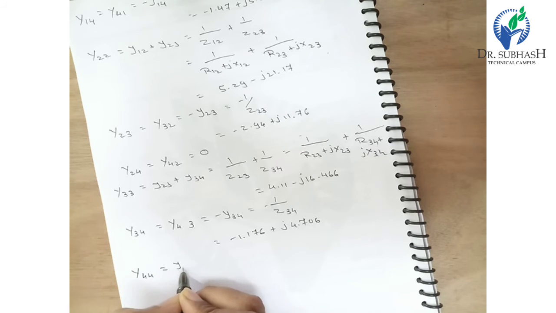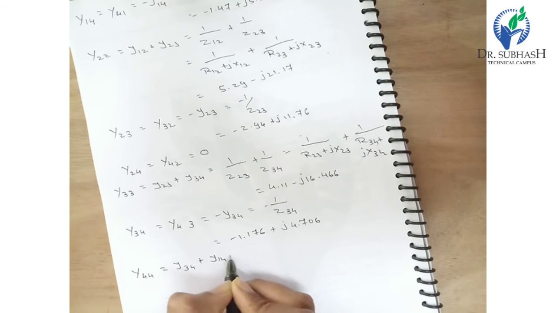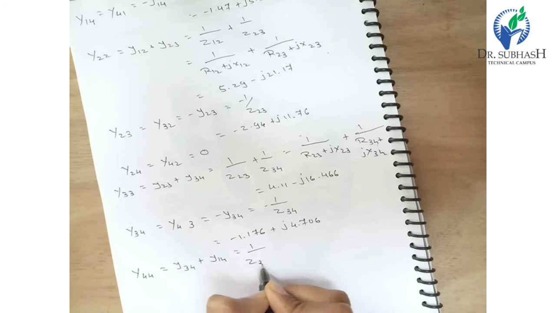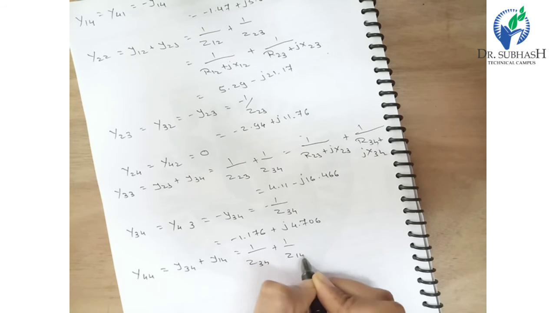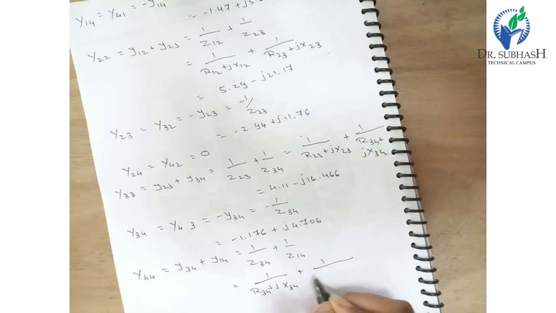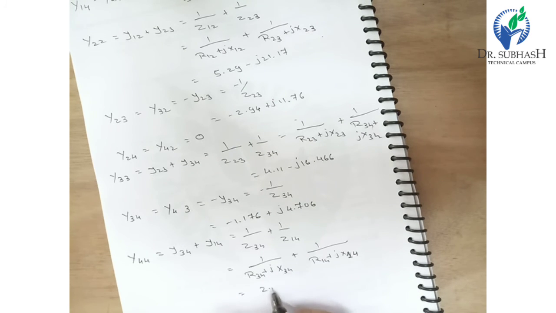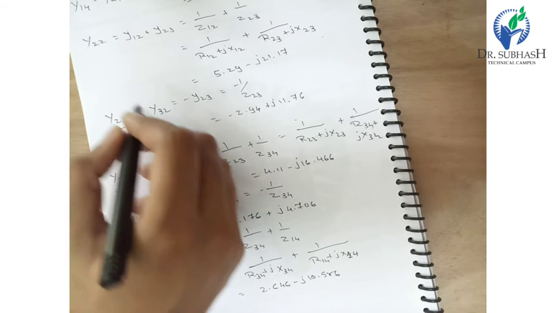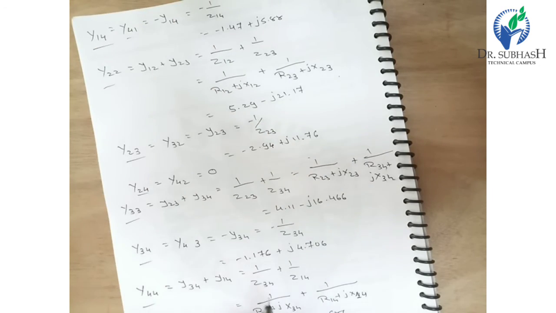Y44 is equal to small y34 plus y14, which is 1/Z34 plus 1/Z14. So the output is 1/(R34 + jX34) plus 1/(R14 + jX14). The output is 2.646 minus j10.586.